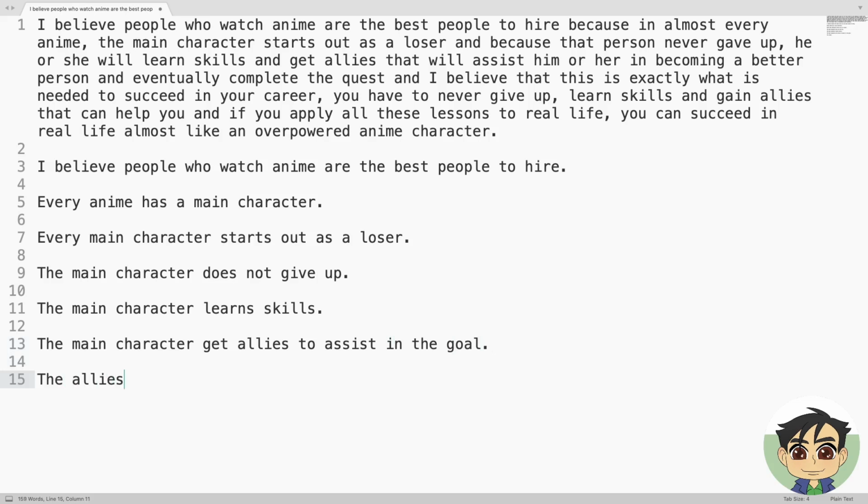The allies also assist in helping the main character become a better person.